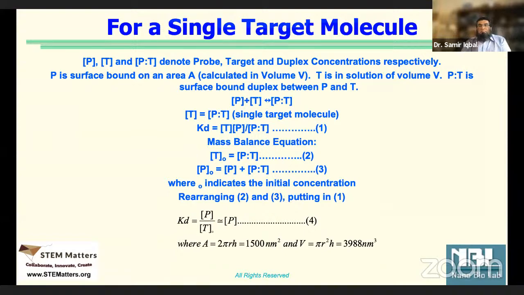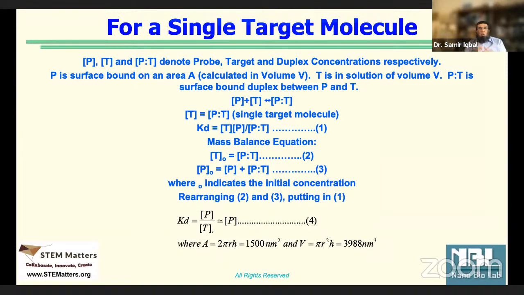So a simple equation: one probe and one target would result in one binding of one probe and one target, right? We start with that and say, if there is just one target, how is that going to affect your binding? We use a mass balance equation where the binding is equal to how many targets are there. It's not dependent on how many probe molecules there are, because we have plenty of probe but only one target molecule. That becomes equation 2.